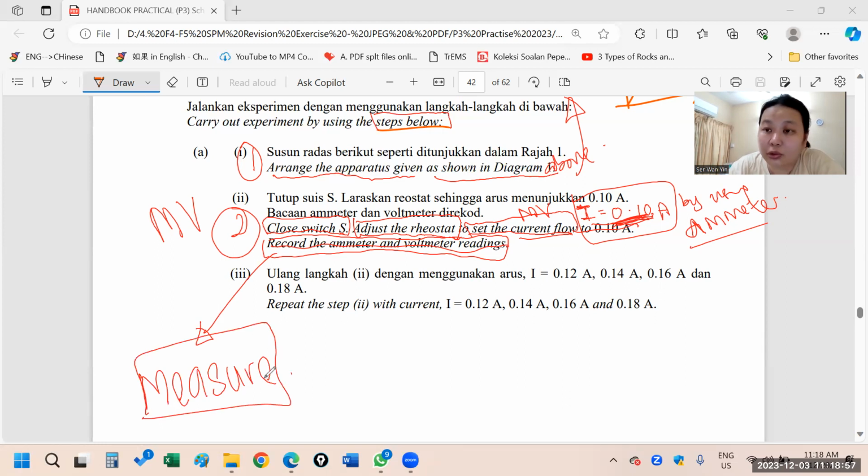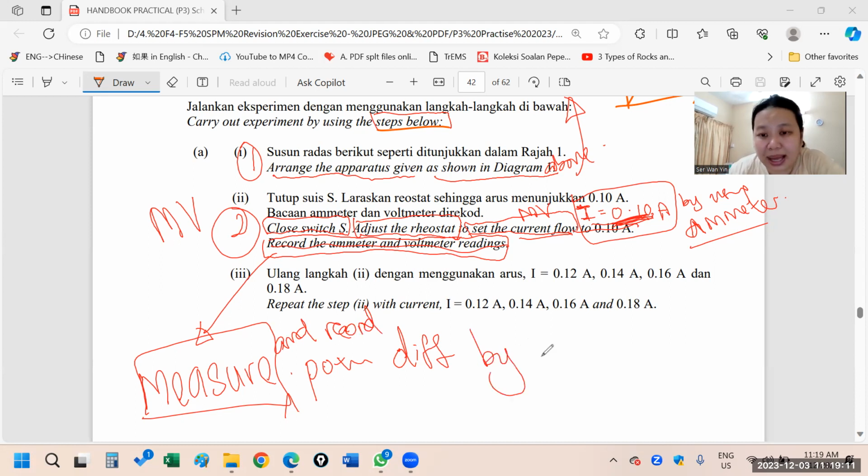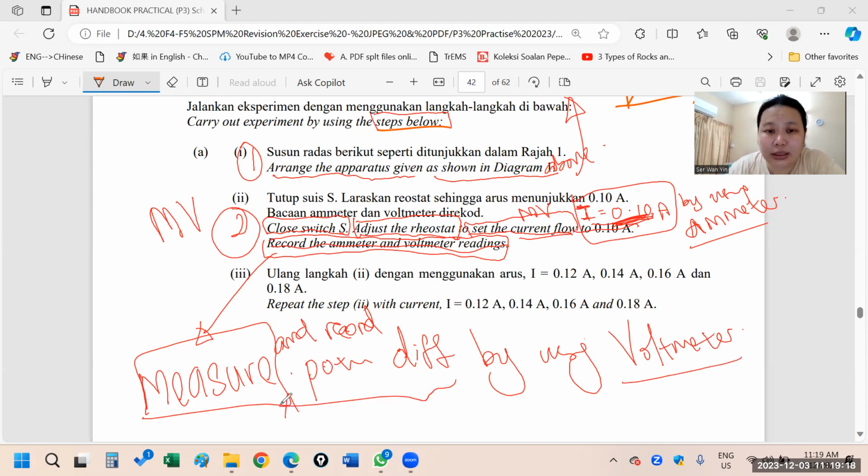It's a must to use measure. Voltage or potential difference. Measure and record potential difference by using voltmeter. This is your RV. Measure the RV by using voltmeter.